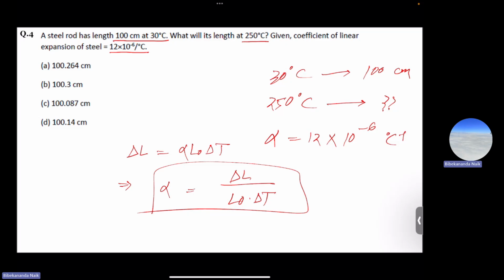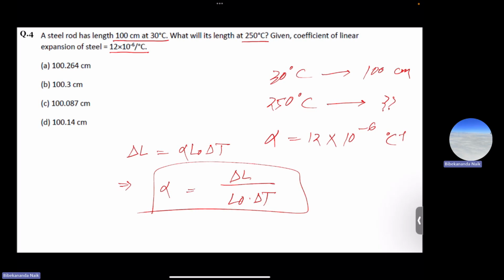We need to find out the length at 250 degrees centigrade. So L0 is 100 centimeter, which is at 30 degrees Celsius, and L1 we need to find, which is at 250 degree centigrade.